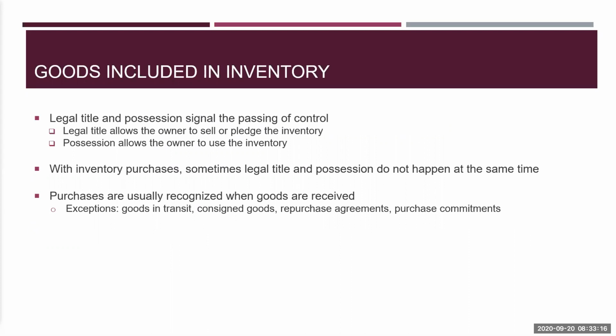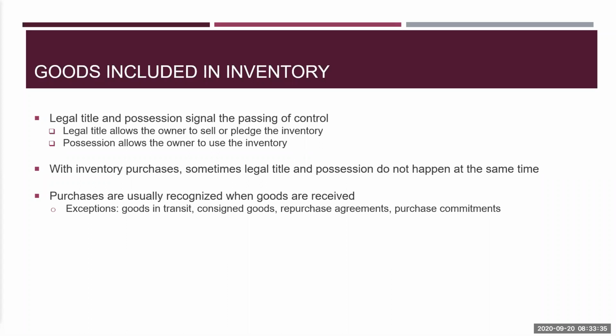Now, the goods that will be included in the inventory really depend on who holds those goods. One of the determining factors that we look at is the legal title and possession, which will tell you which party should be recording inventory on their books.